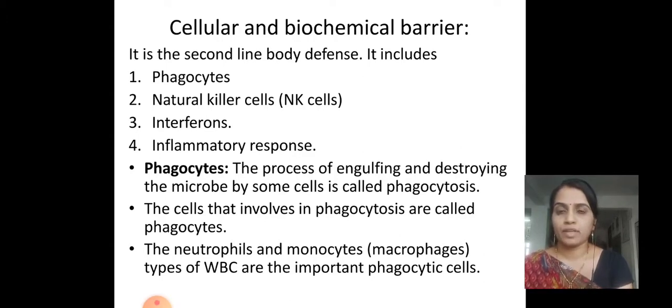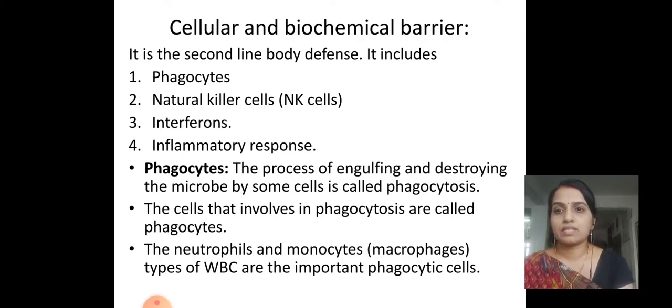After trapping, they destroy them and reduce their harmful effect on the body. This is how phagocytes work, and the mechanism through which they kill or lyse the foreign body is called phagocytosis.